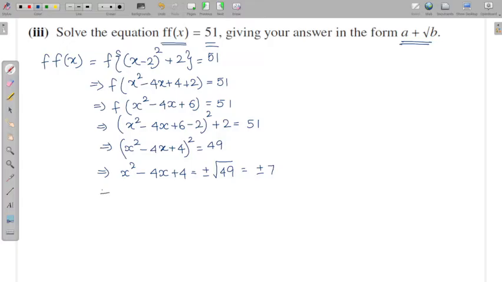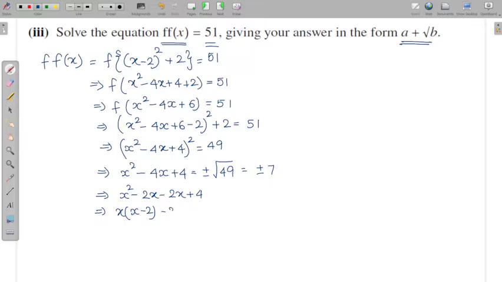This can now be written as x minus 2 whole square, right? Because if you do it by middle term, this will be x square minus 2x minus 2x plus 4. So that is x, if you take x common, x minus 2.